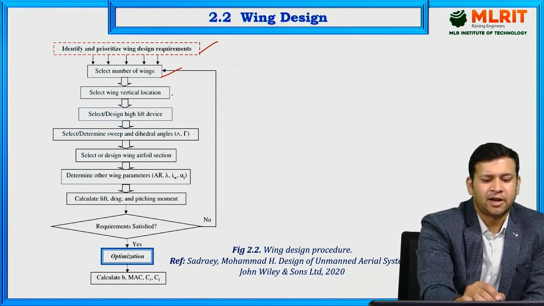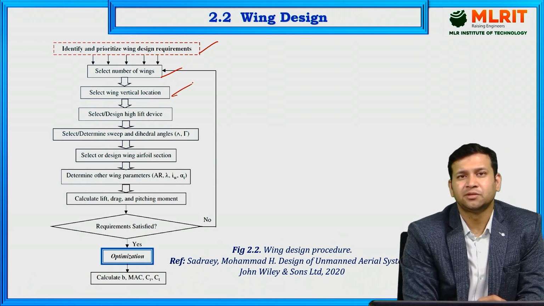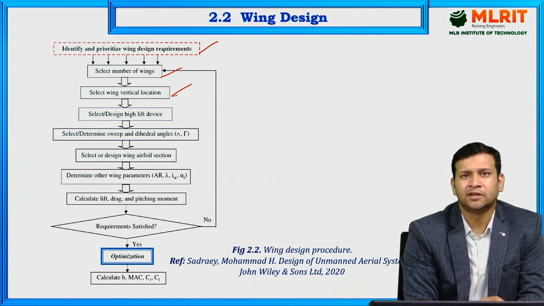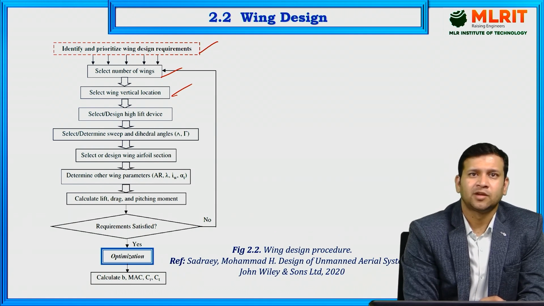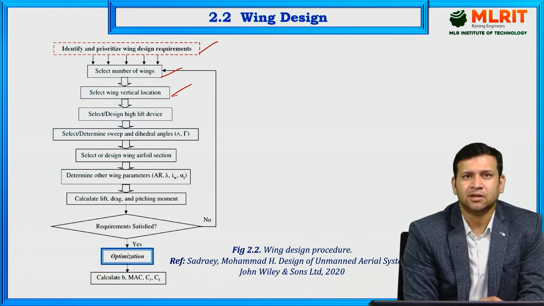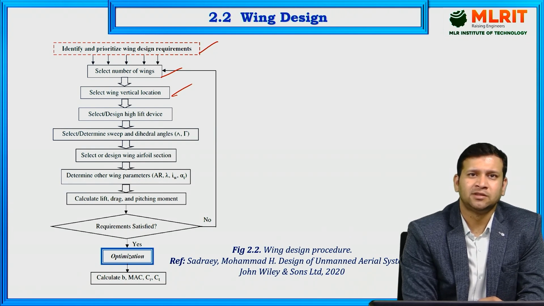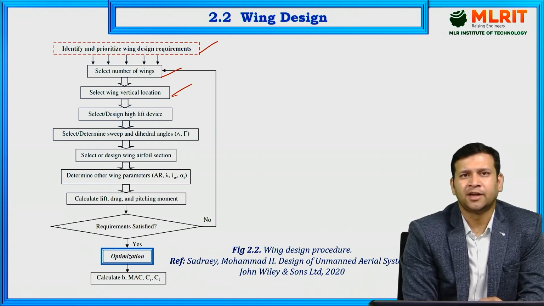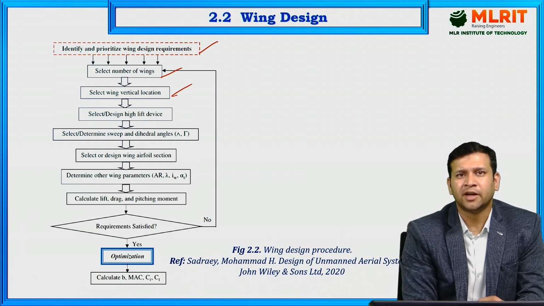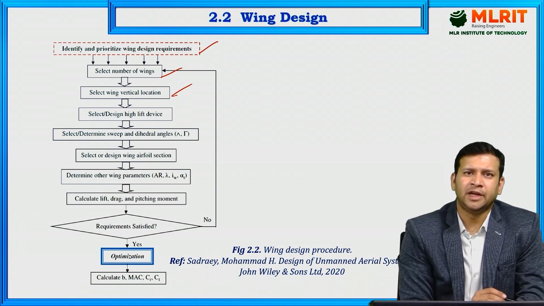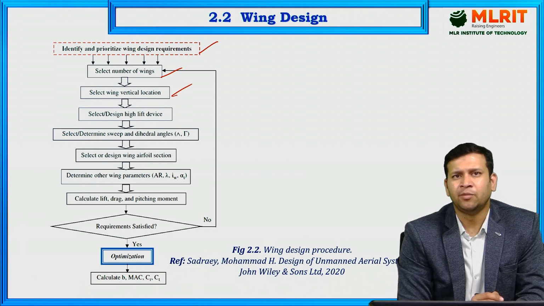Then select the wing vertical location, whether it is low wing, mid wing, or high wing, depending upon the design requirements. Suppose it is a commercial commuter aircraft, then most of the designs will be low wing with dihedral configuration.